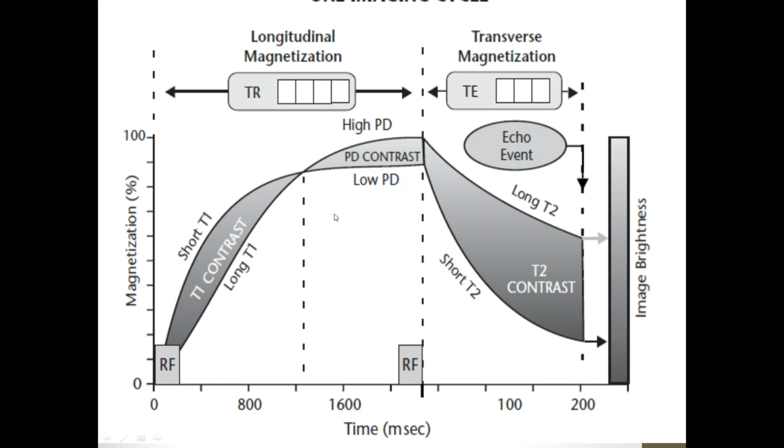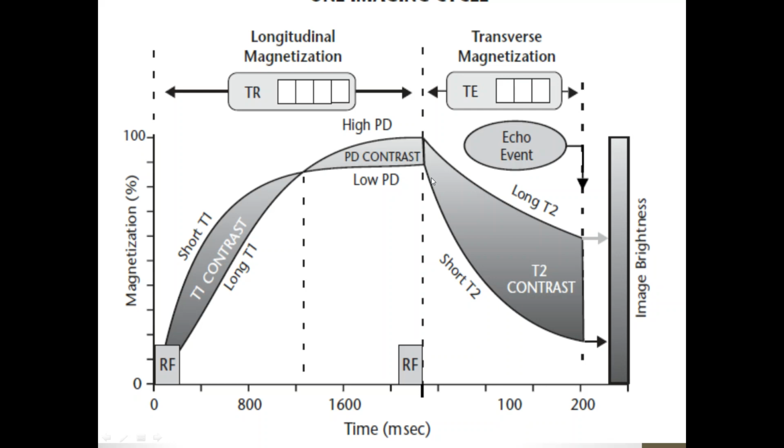If we select, as I said before, long TR, you will neglect or remove the effect of longitudinal magnetization. If you select short TE, you will neglect the effect of transverse magnetization.